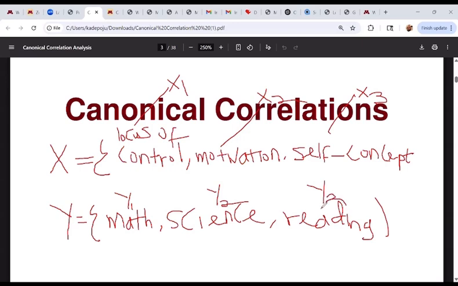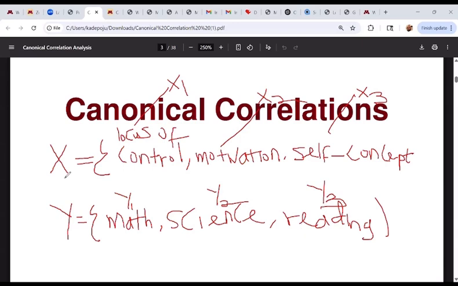If you take a look at what I'm displaying now, I have a set of X and a set of Y, and we want to use the idea of canonical correlation to reveal that the first canonical variate from the personality set is strongly related to, probably, the locus of control, motivation, and so on.